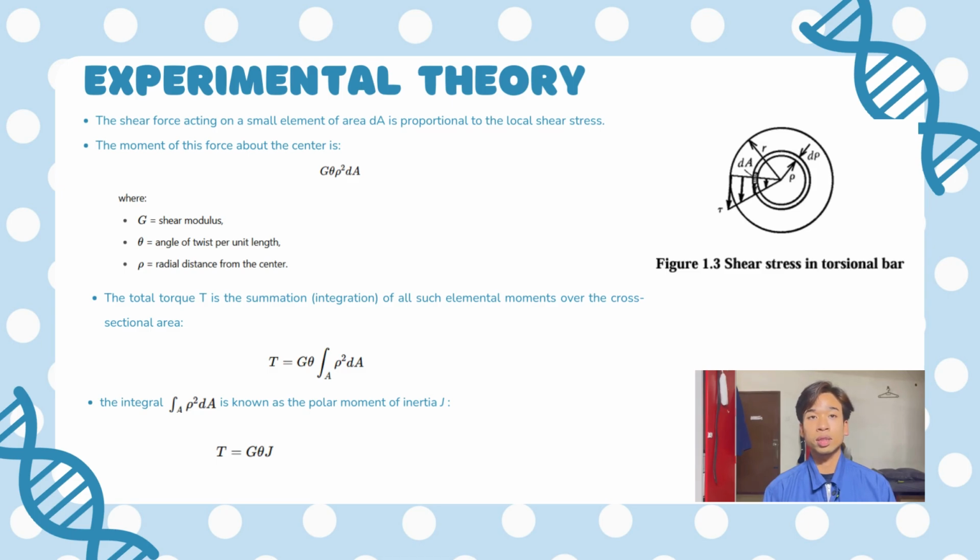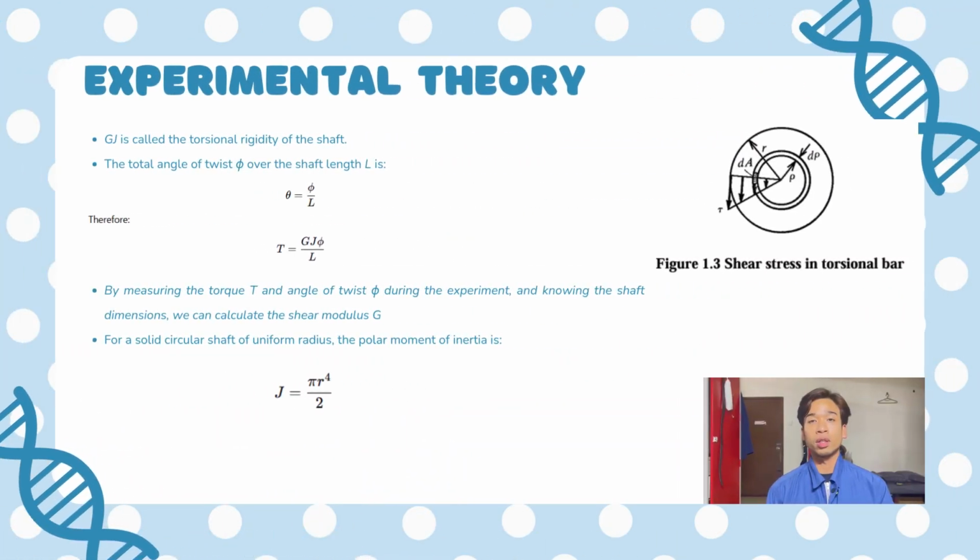The total torque T is the summation, the integration, of all such element moments over the cross-section area. The integral ρ² dA is known as the polar moment of inertia. And the last one for experimental theory, GJ is called the torsional rigidity of the shaft.